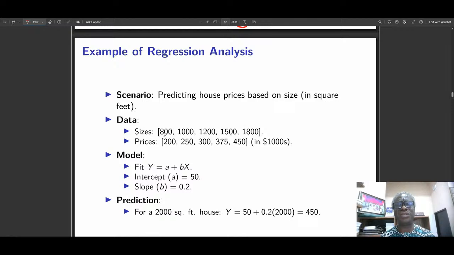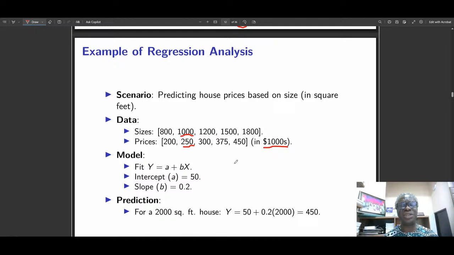So this first one, for instance, the size is 800 square feet, and the price in dollars is 200. Remember, it's in thousands. For 1,000 square feet, the price is 250, and then for 1,200, the price is this.